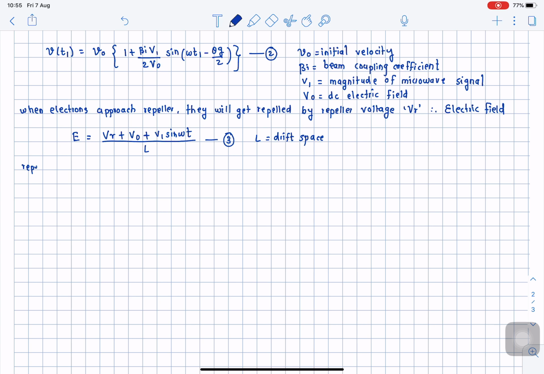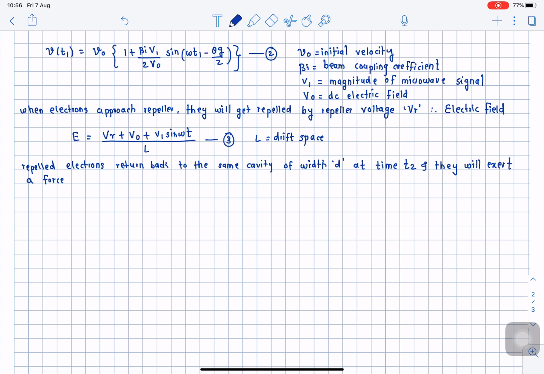Repelled electrons return back to the same cavity of width small d at time t2, and they will exert a force.